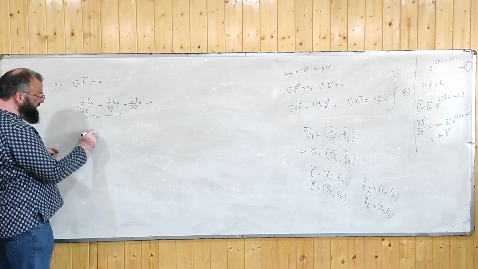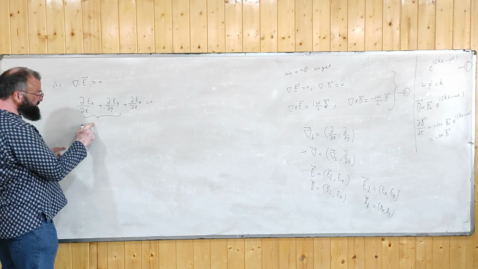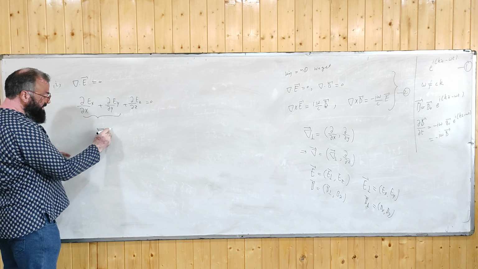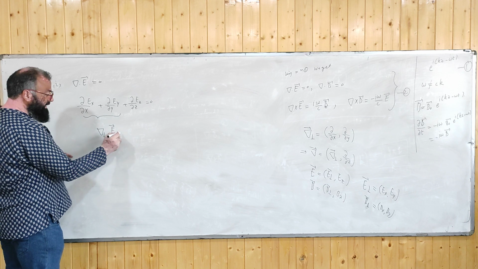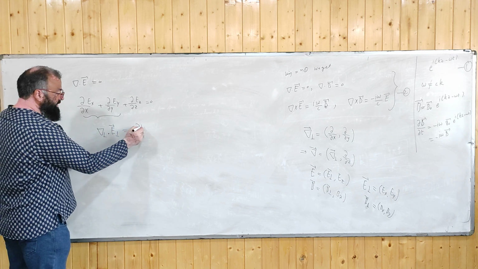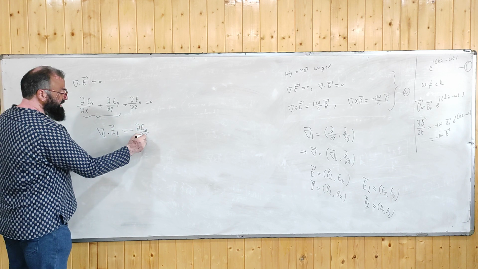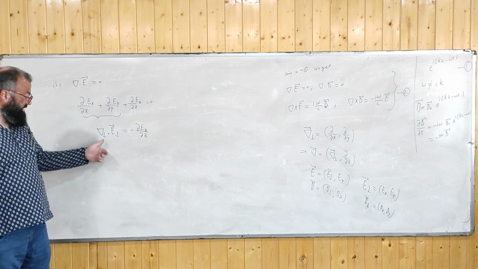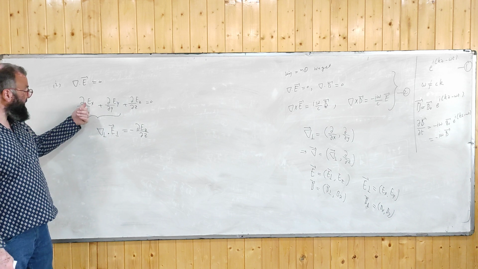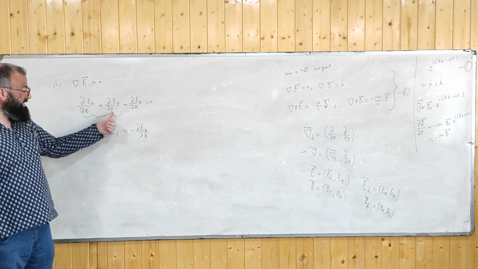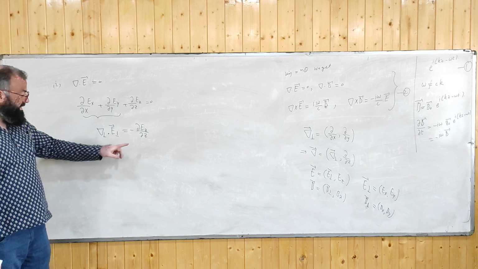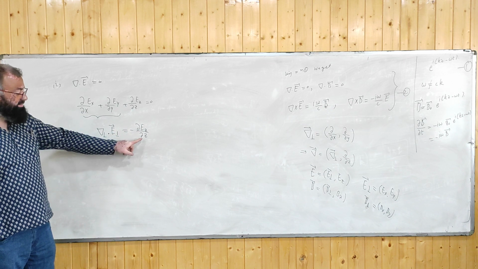Can I write this as nabla perpendicular dot E perpendicular is equal to minus partial Ez by partial z? What is nabla perpendicular dot E perpendicular? Partial Ex by partial x plus partial Ey by partial y. Can I write it? Everybody? Okay, so then it is minus partial Ez by partial z.